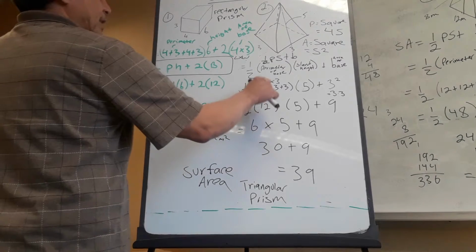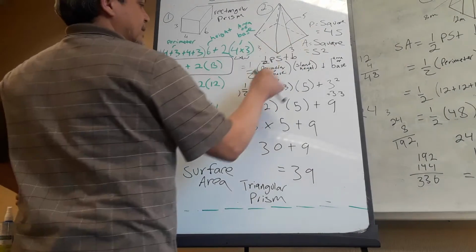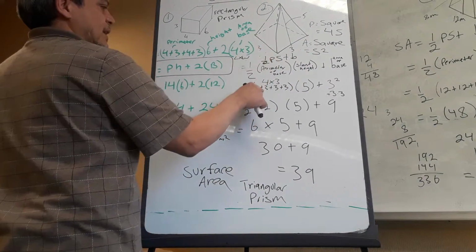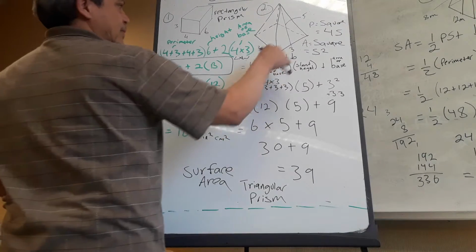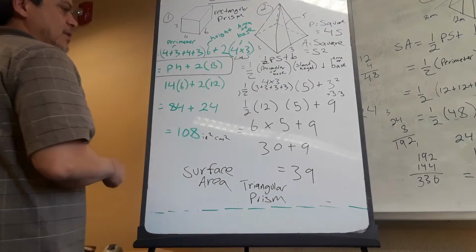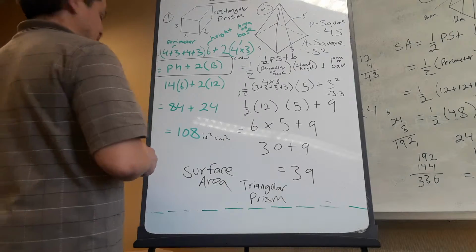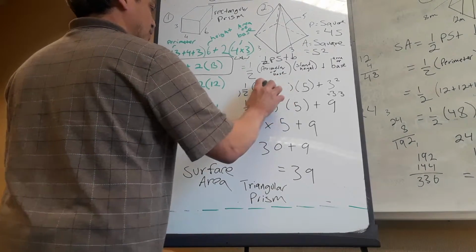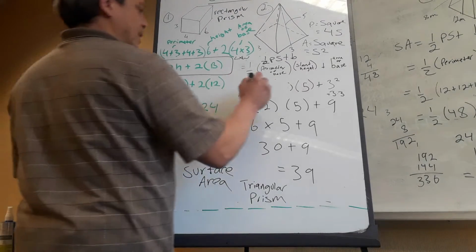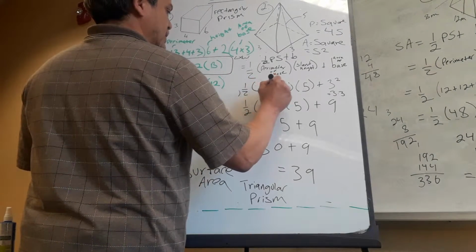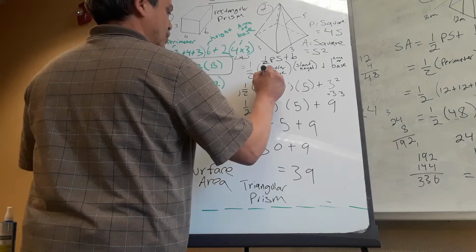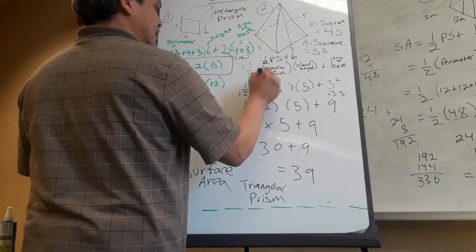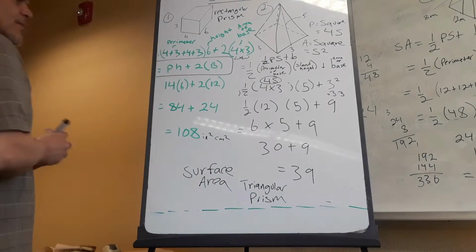Again, the perimeter is 4 sides, or 4 times 3, the length of the side. We're basically adding all the sides, or we could use the formula for a square, which is 4s.